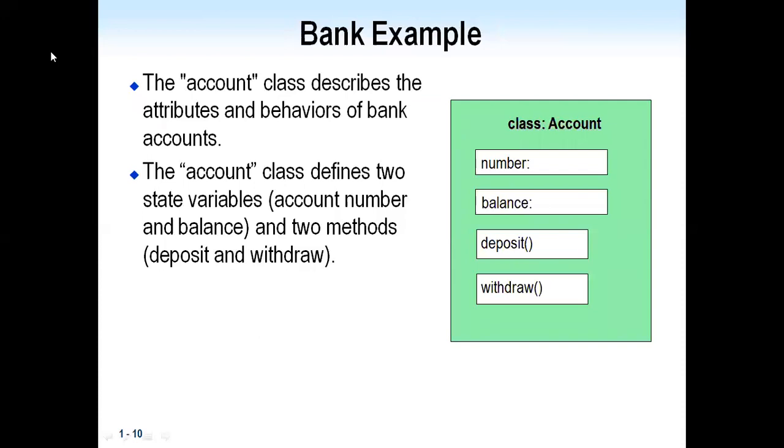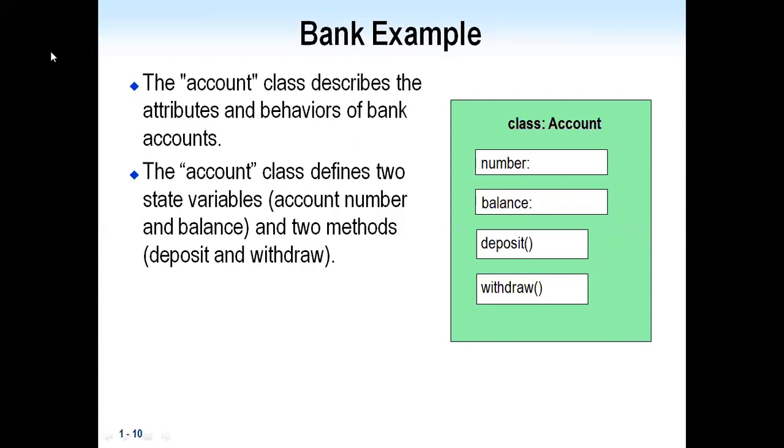For example, account is one class. The account class has the attributes and behavior of bank accounts, and it defines two static values, account number and balance, and two methods, deposit and withdraw.